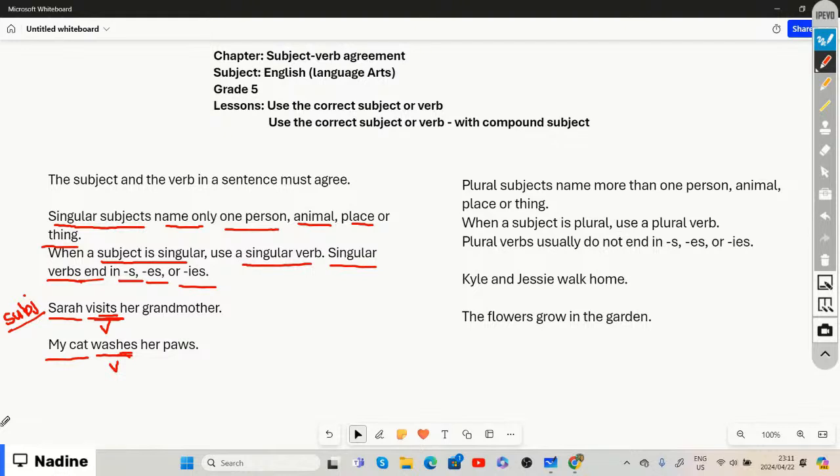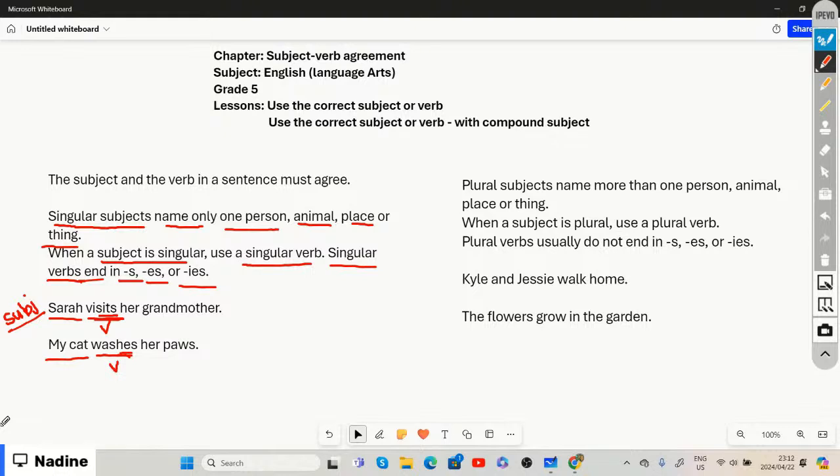But now we're going on to plural subjects. A plural subject names more than one person, animal, place, or thing. But remember, our subject needs to agree with our verb.